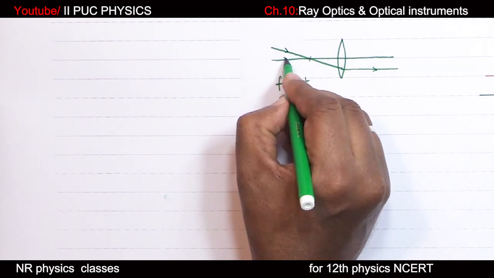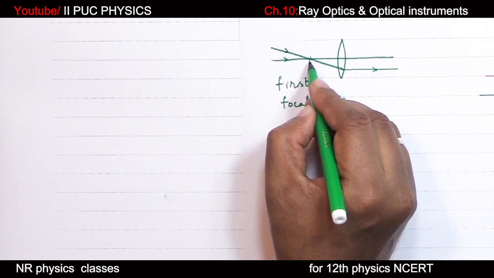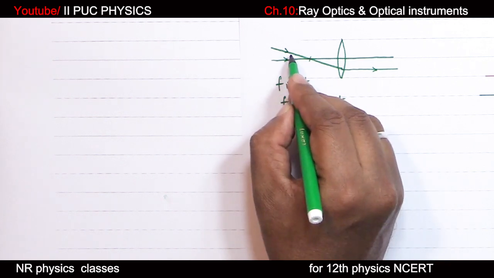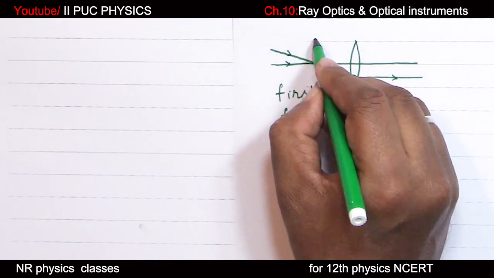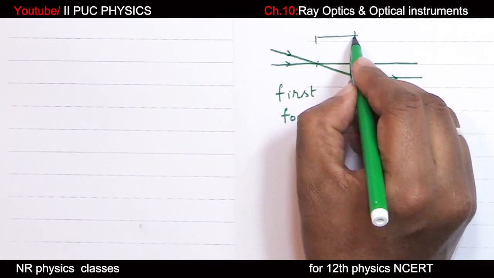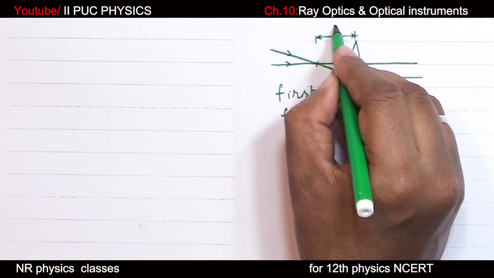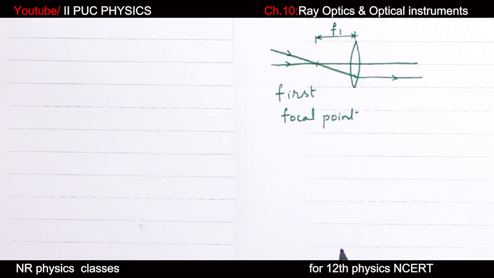So the first focal point is that point which is towards the incident rays. And the corresponding distance from the principal section is called the first focal length, f1.